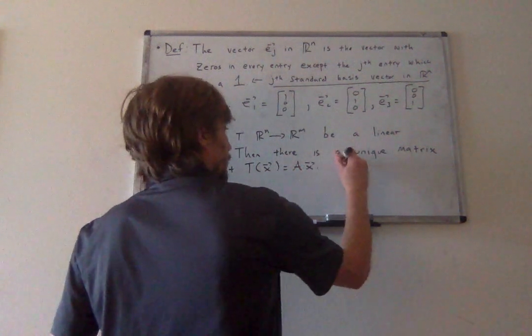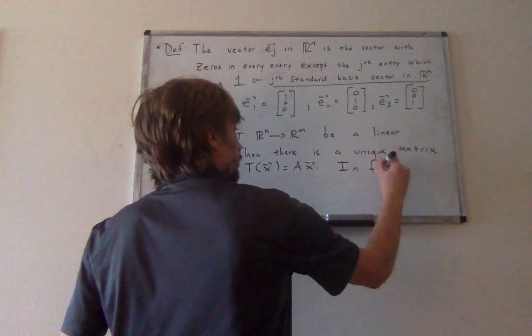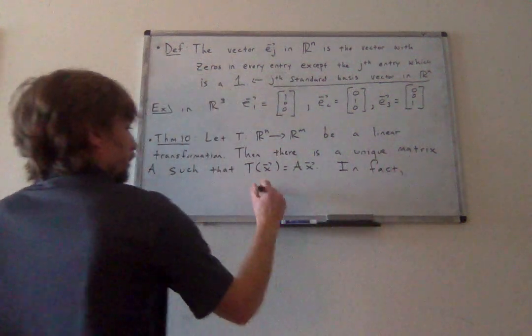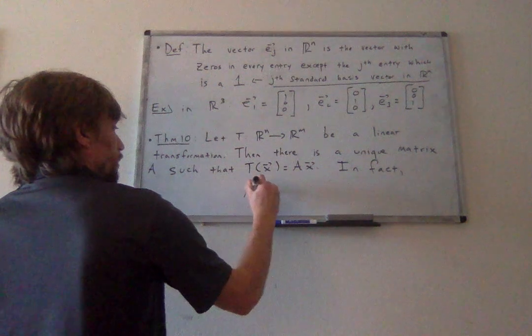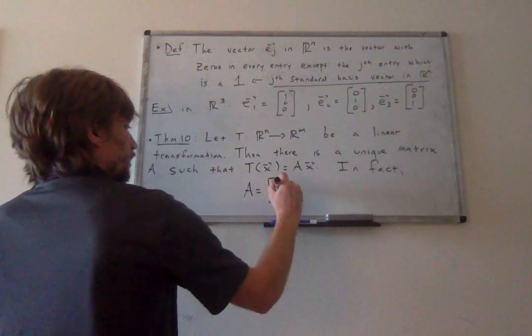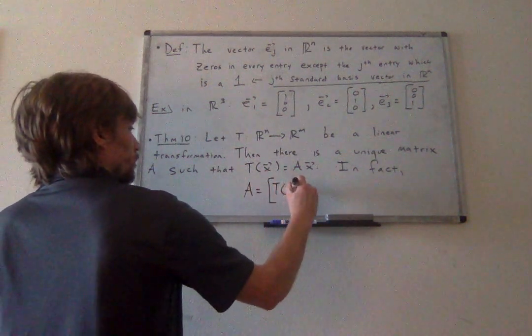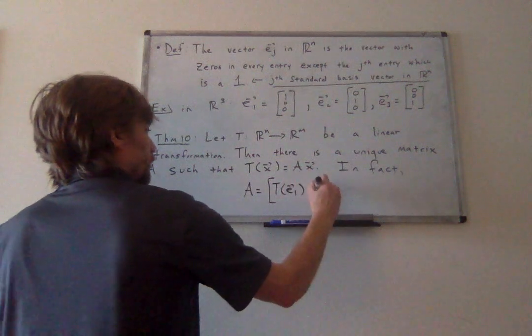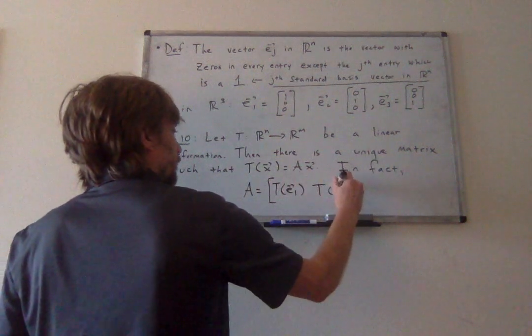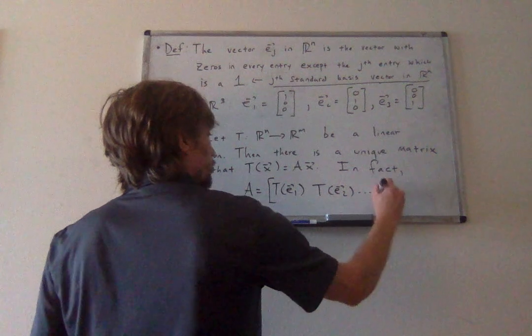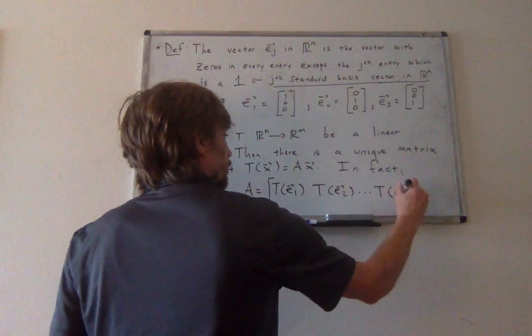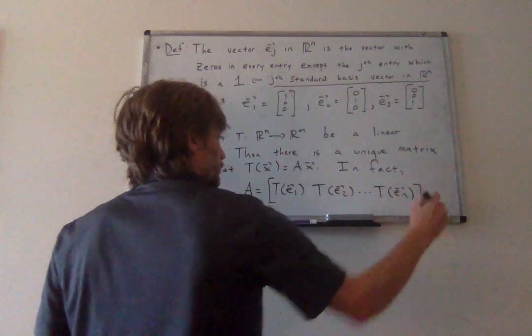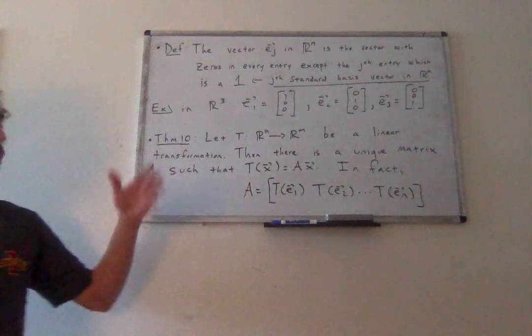And in fact, we can take this one step further. We know what the matrix A is. It's the matrix whose columns are just given by the images of each of the standard basis vectors. So again, this corresponds to the last example.